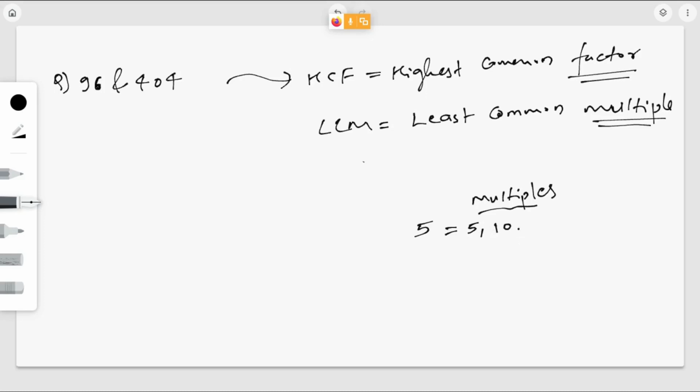So 5, 10, 15, 20. So how many multiples can we have for this 5? How many multiples are there for this 5? 5 is having how many multiples? 10, 20, 100. So many.